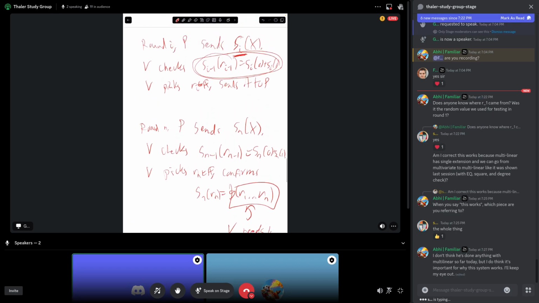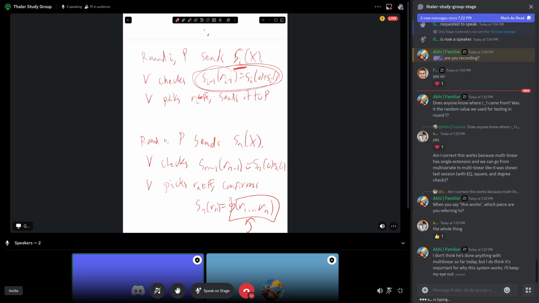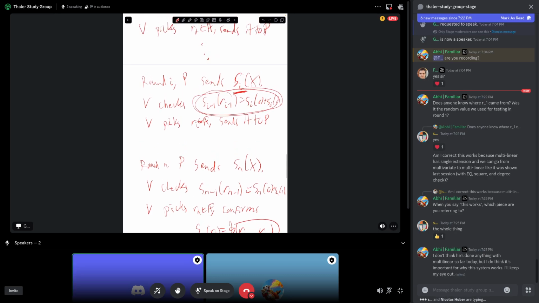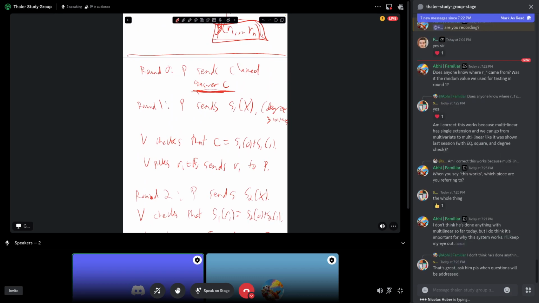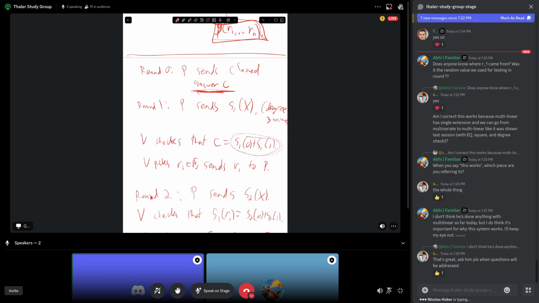And then soundness works as follows, right? If the prover begins by sending the wrong answer, then in order for the round 1 consistency check to pass, S_1 better not equal H_1, H_1 being the polynomial the honest prover would send.